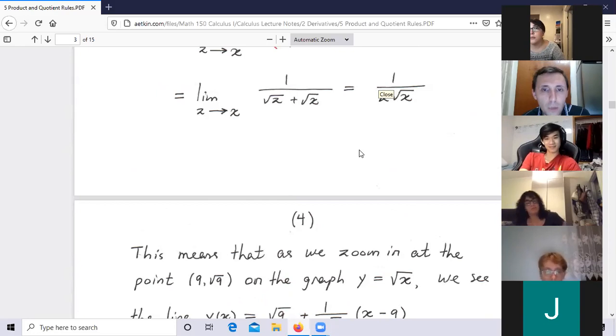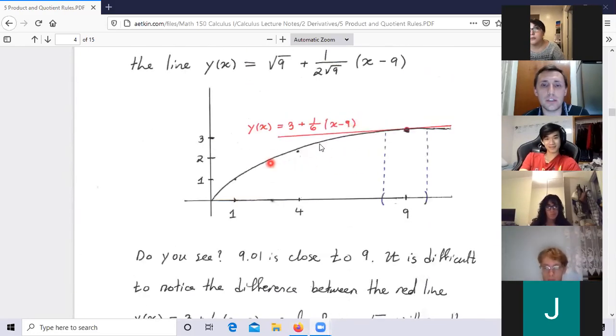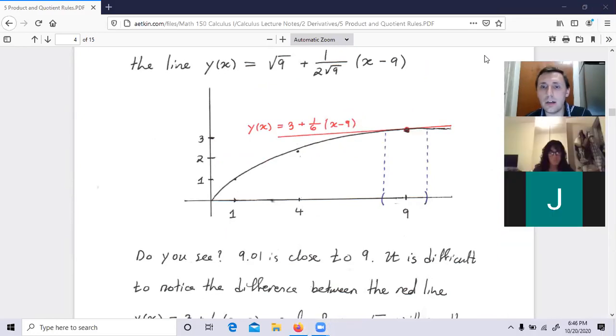Okay, what part do I lose you at, guys? Right, so here is the curve. Do you see that? This is the curve. I am going to zoom in at the point 9,3. So this is this point, yes?